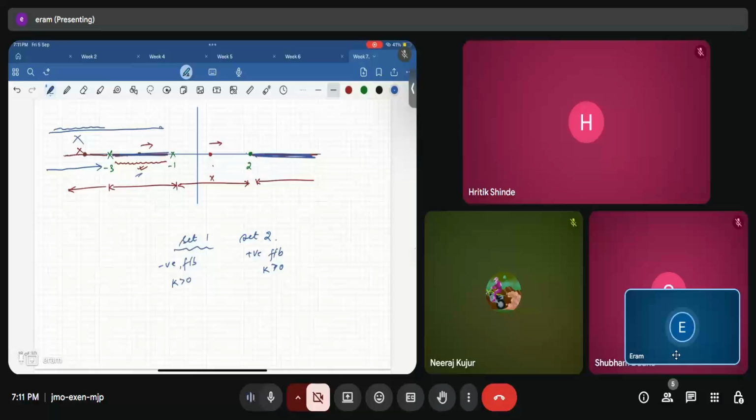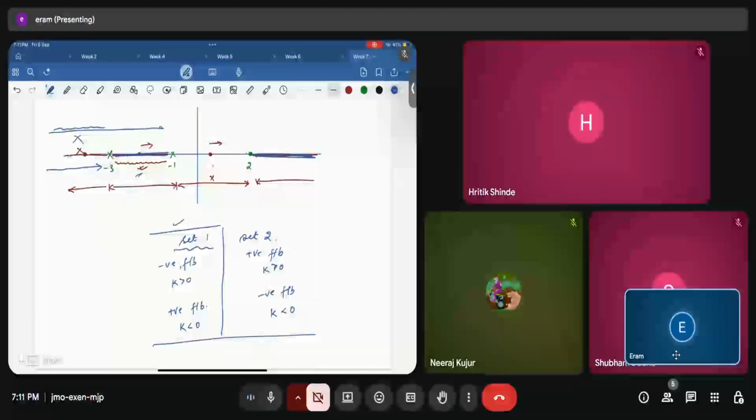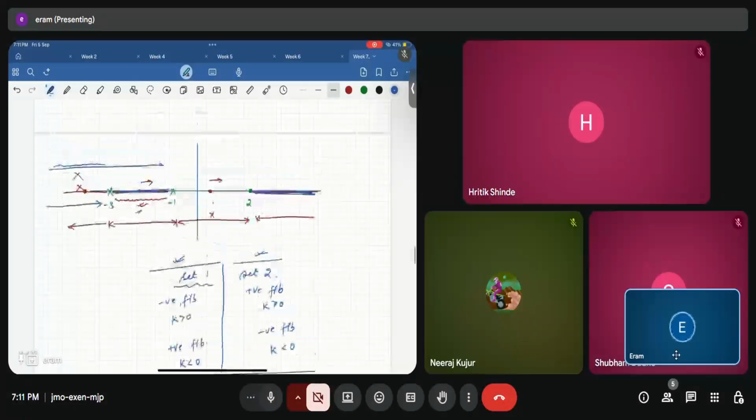And then you can also cross these terms, and this will give you positive feedback with k less than 0 and negative feedback with k less than 0. So for these two sets, you have to follow the conventional root locus design, and for those you have to follow the complementary one. Okay, that's how you have to follow.